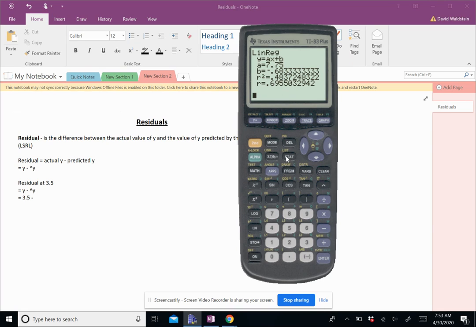All right. If we want to see this scatter plot, we can do so. I'm just going to put list 2 as my y list. Let's get our window set up.